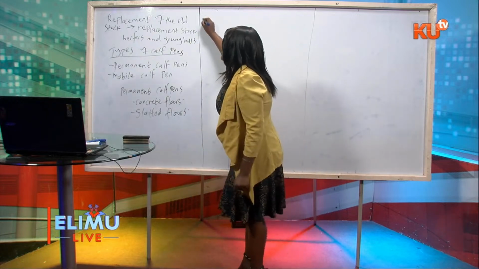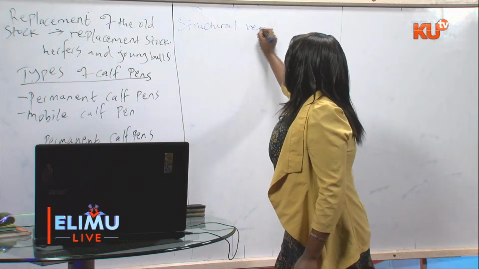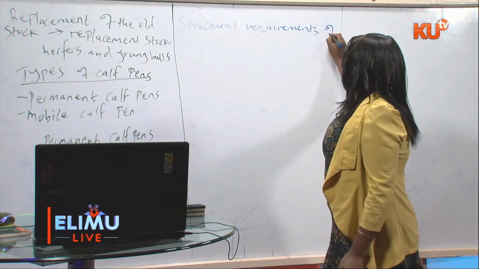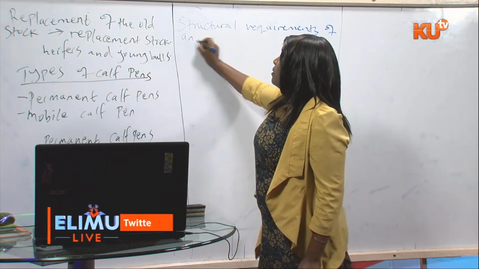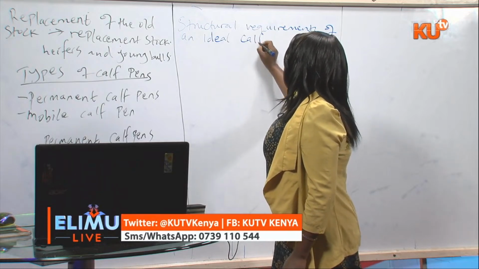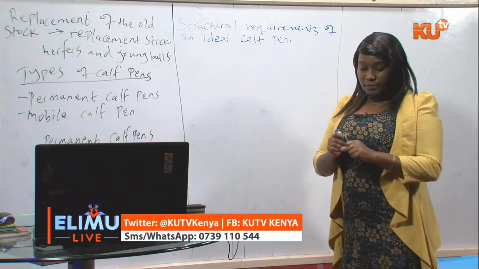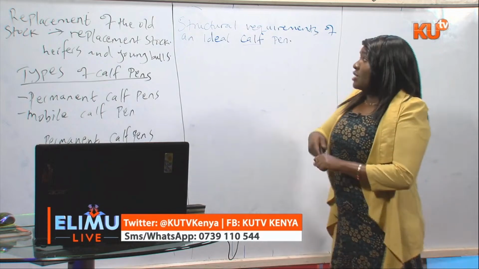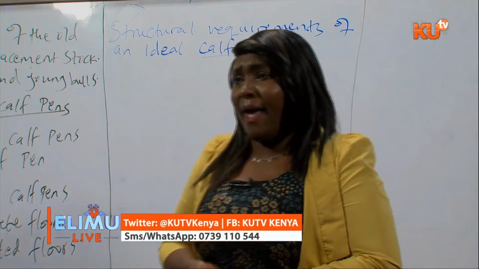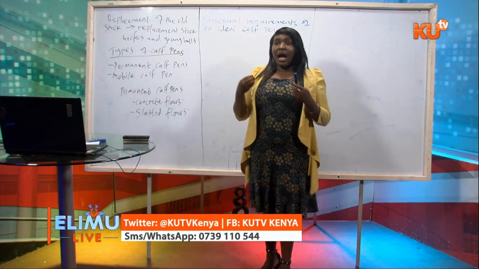Structural requirements of an ideal calf pen. What do we look for when we are trying to construct a calf pen?